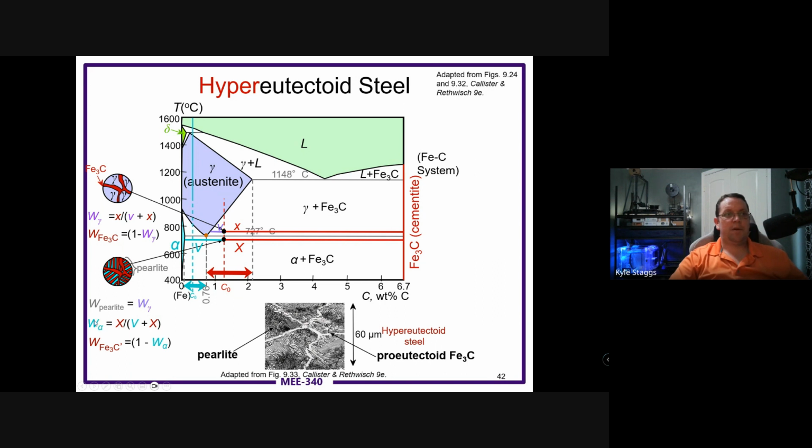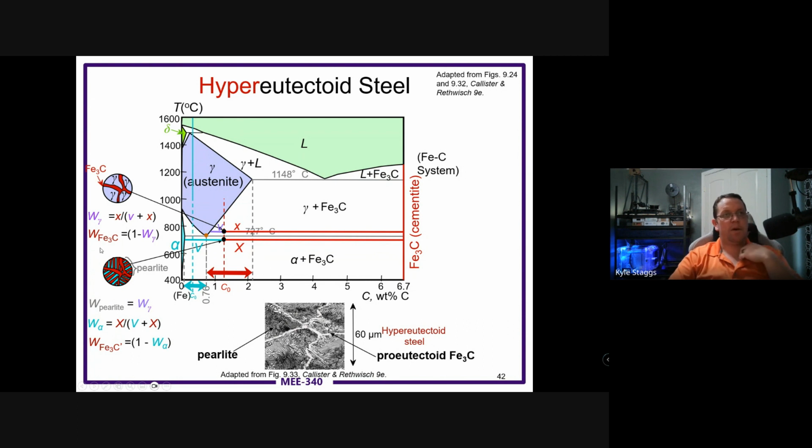So we get the weight fraction for alpha, what is just ferrite, by figuring out what the two are together, and then subtracting alpha from this. So we can figure out exactly what our end result is, right? So these two are not going to be the same. That's why we have prime.